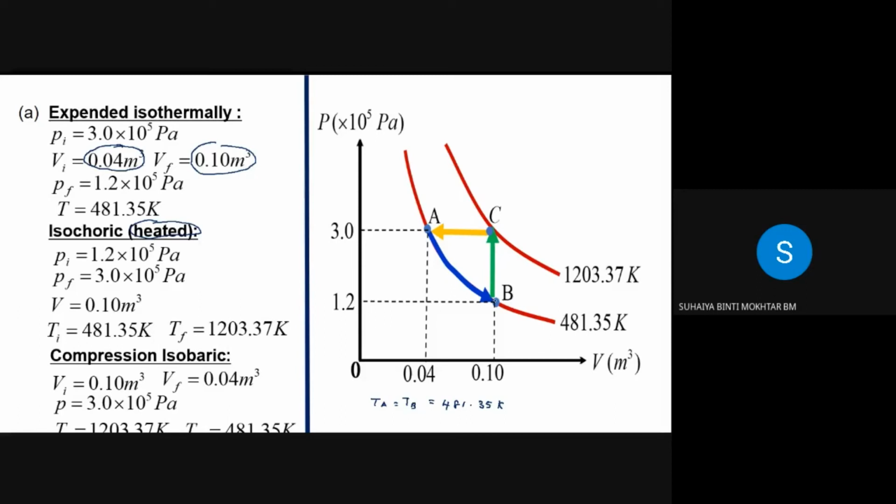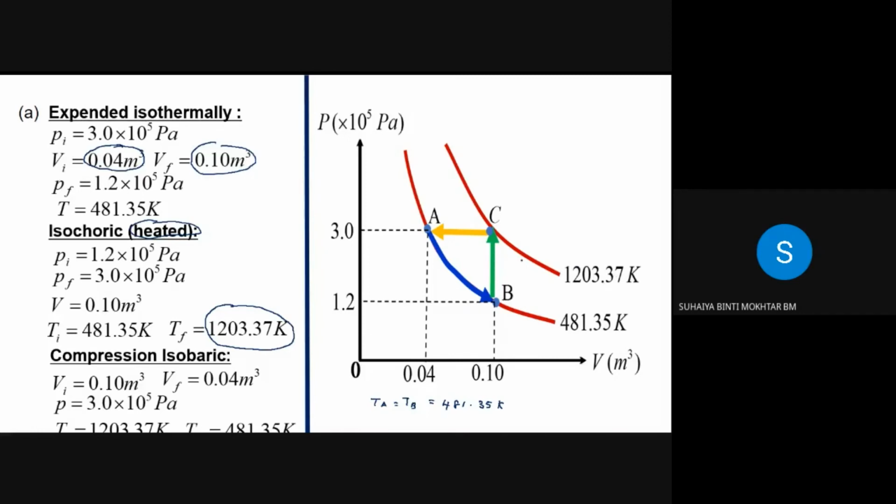So isochoric, constant volume, and the temperature is going to increase to the final value we calculated earlier, 1203.37 K. So TC is 1203.37 Kelvin.